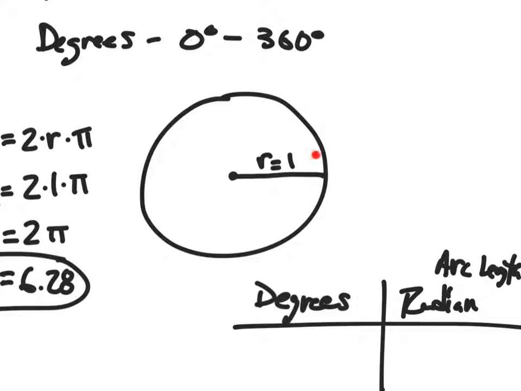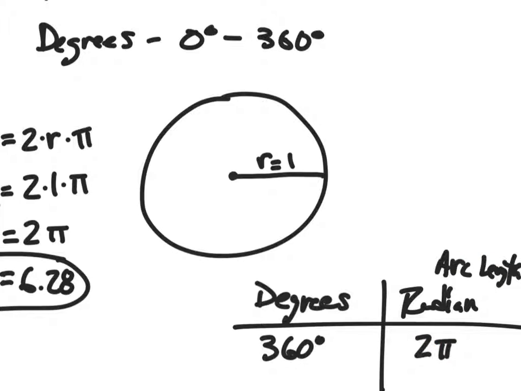If we do 1 revolution around, the arc length is 2 pi. So what I know is this: 360 degrees is 2 pi radians. These mean the same thing. It's another way to show an angle measure, but it's used as an arc length.